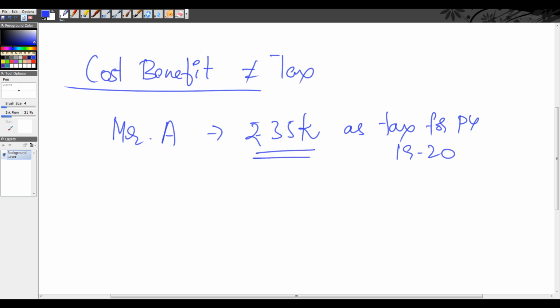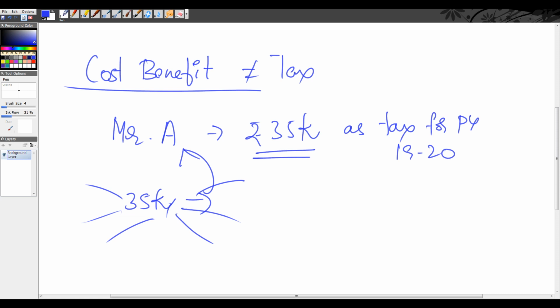Now, can Mr. A demand that this 35,000 be spent for the benefit as per the wishes of Mr. A? Or can he demand from the government, I want to know where you have spent this 35,000? Where has it been allocated? Unless I know exactly where you have spent this amount, I will not pay tax henceforth. Can Mr. A demand such a thing from the government?